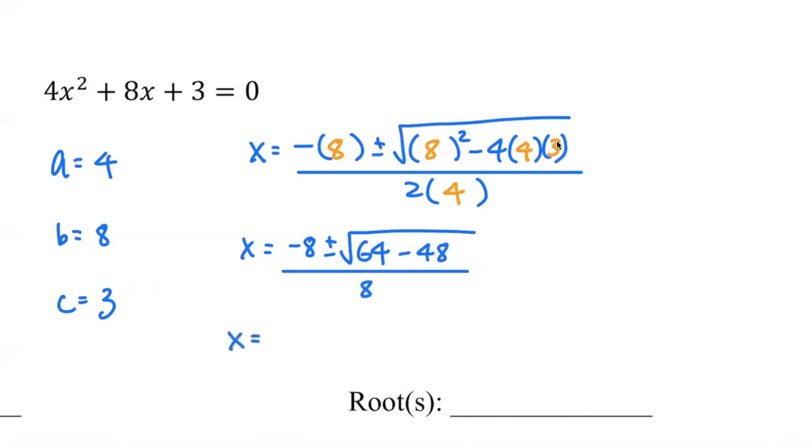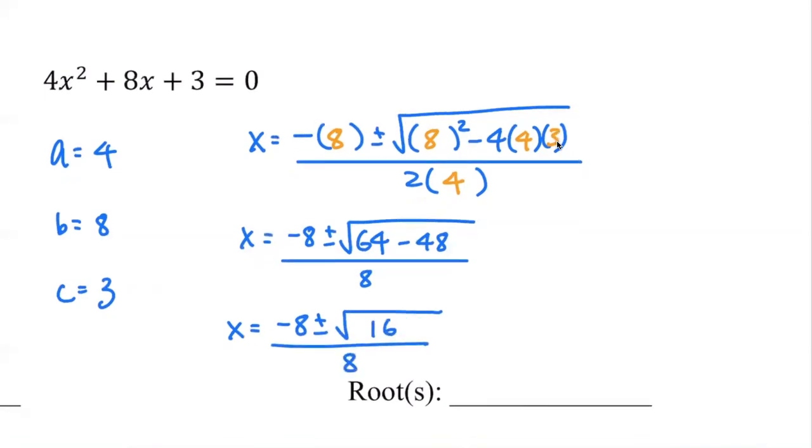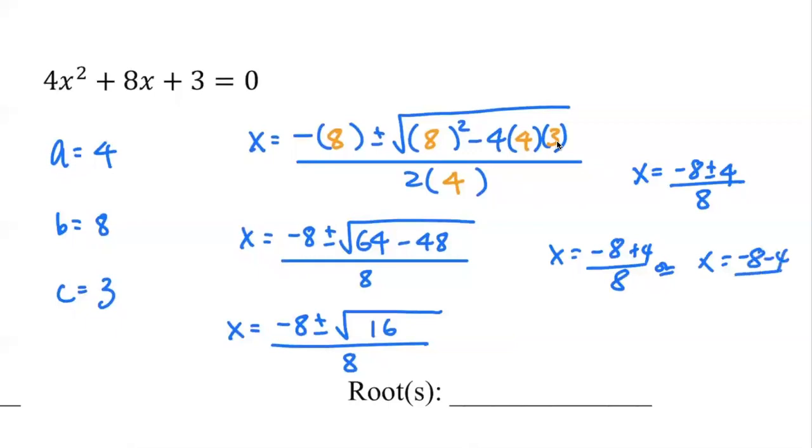And then we have negative 8 plus or minus, and then you have 16 right here, over 8. And the square root of 16 is simply 4. All right. So you've got negative 8 plus 4 over 8, or negative 8 minus 4 over 8.